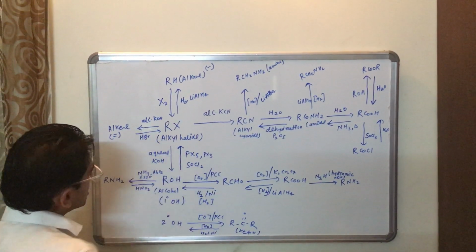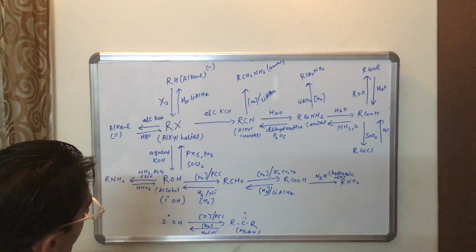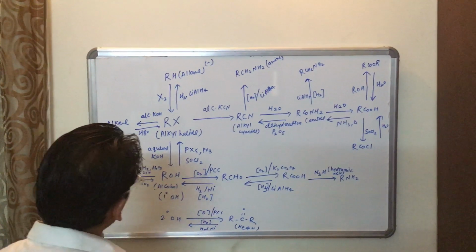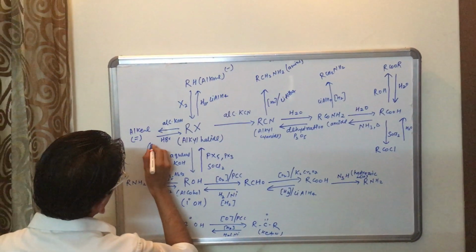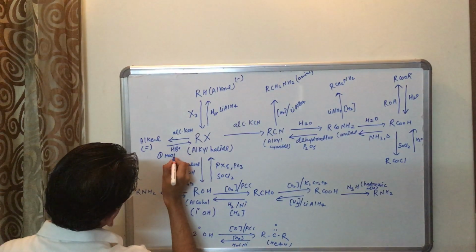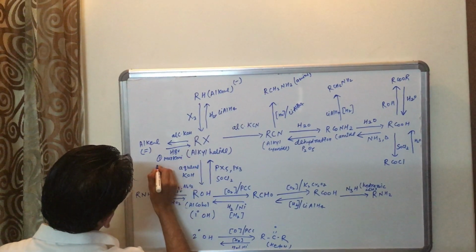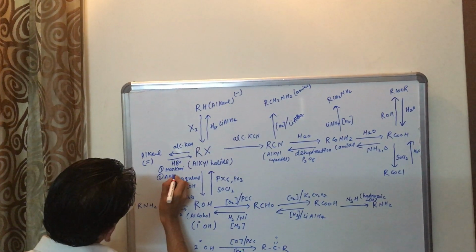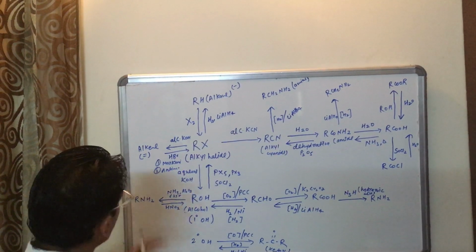But the addition of HBr and obtaining of alkyl halides depends on two rules. One is Markovnikov and the second is anti-Markovnikov.